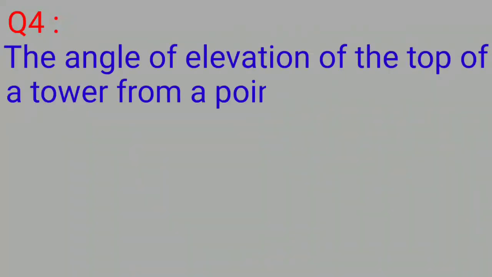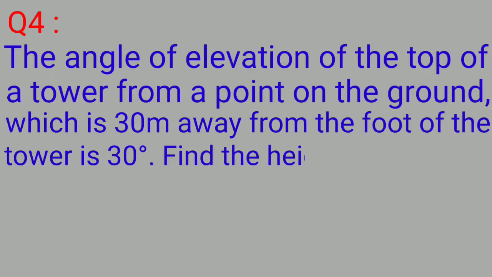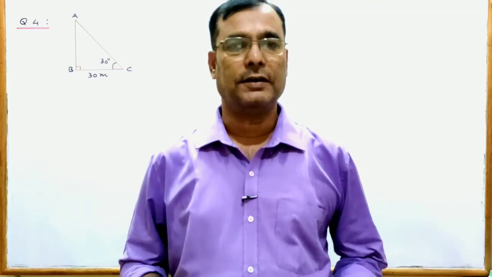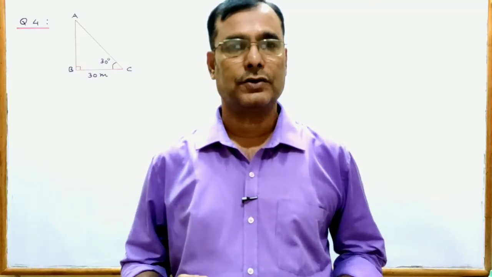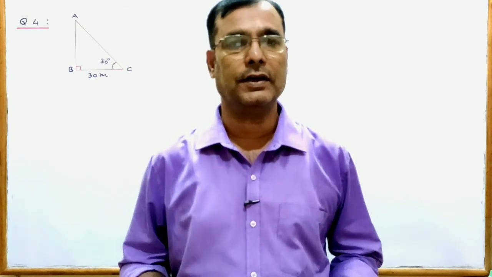The angle of elevation of the top of a tower from a point on the ground which is 30 meter away from the foot of the tower is 30 degree. Find the height of the tower. In this question we need to draw a figure which will represent the given situation in the question.